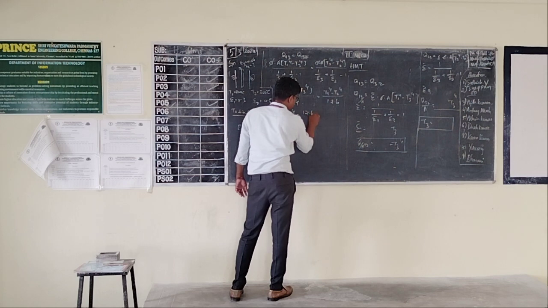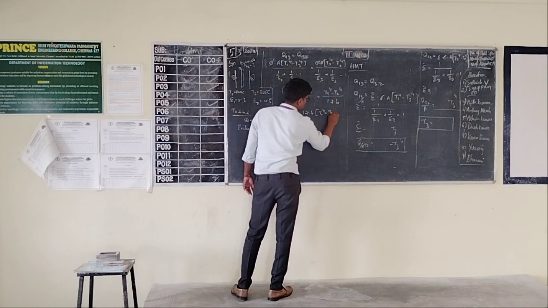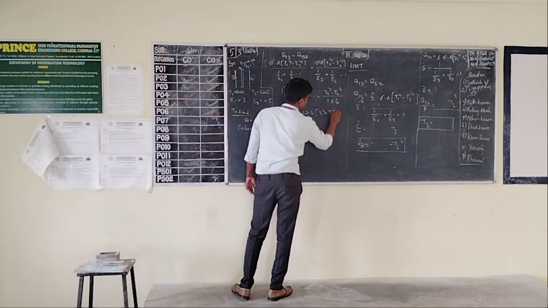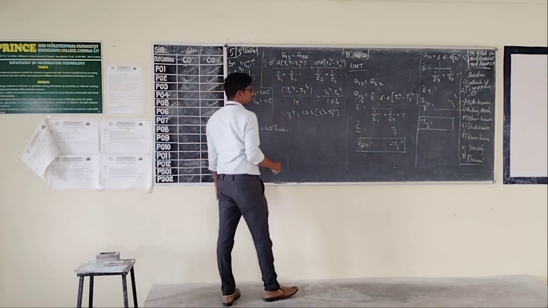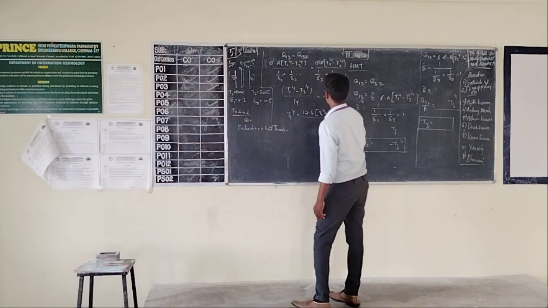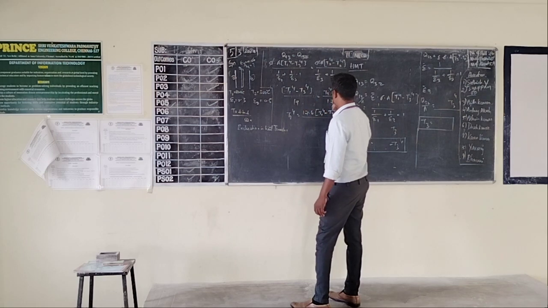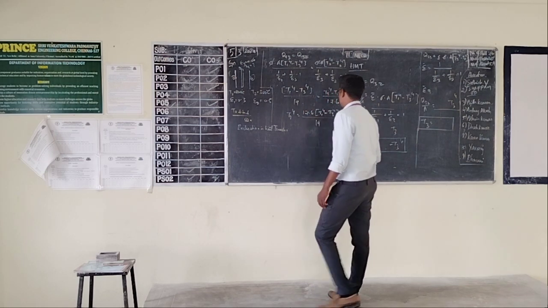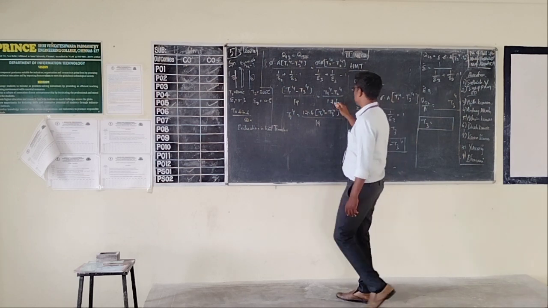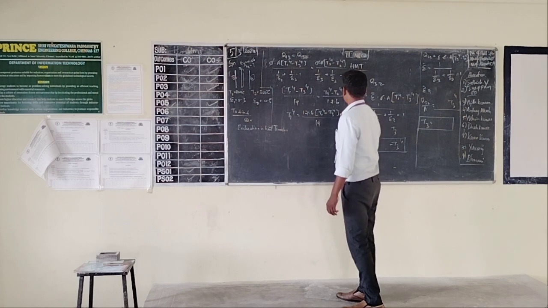Here, 20.6 times T1 power 4 minus T3 power 4, divided by the other term, equals T3 power 4 minus T2 power 4.